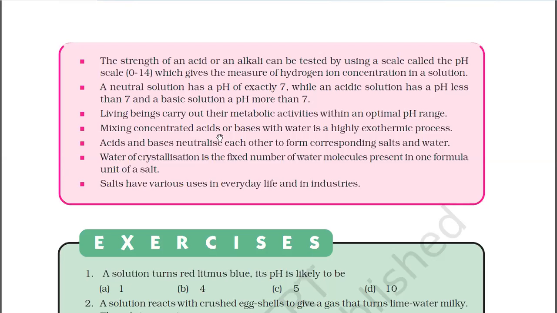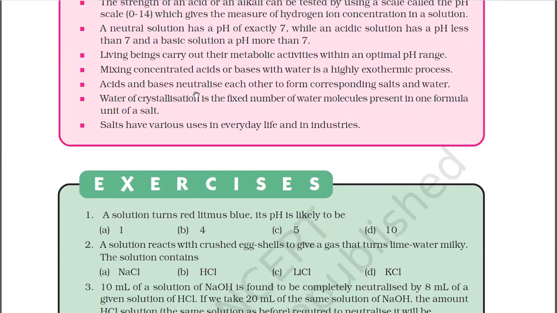Mixing concentrated acids or bases with water is a highly exothermic process. Acids and bases neutralize each other to form corresponding salts and water. Water of crystallization is the fixed number of water molecules present in one formula unit of a salt. Salts have various uses in everyday life and in industries. Thank you all.